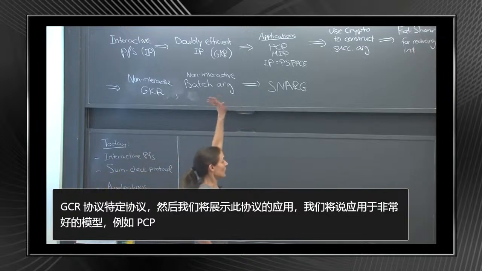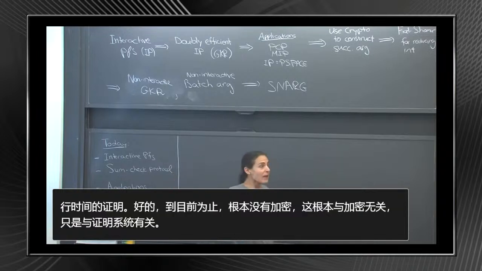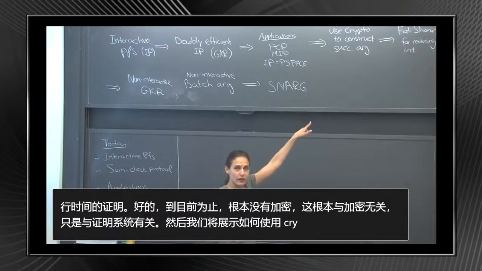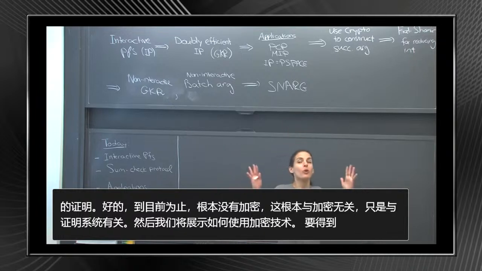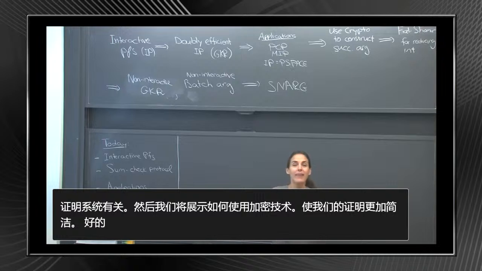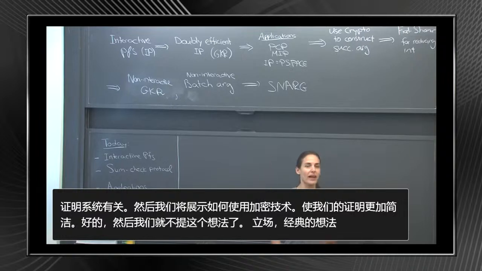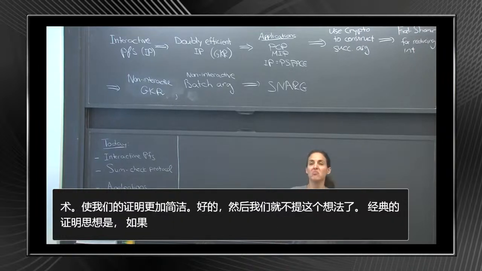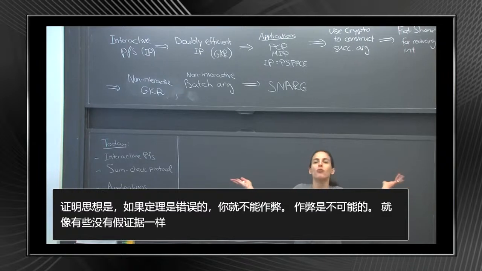Okay, so up to here, no crypto at all. This is not at all about crypto, it's just about proof systems. Then we're going to show how to use cryptography to make our proofs more succinct. And then we're going to leave the classical idea of a proof, that if the theorem is false, you can't cheat. It's impossible to cheat. There's no false proof.